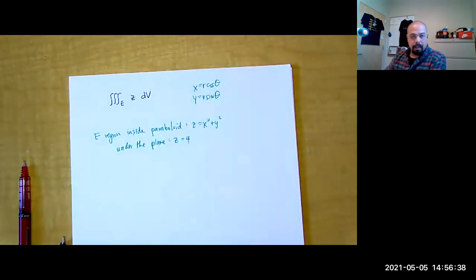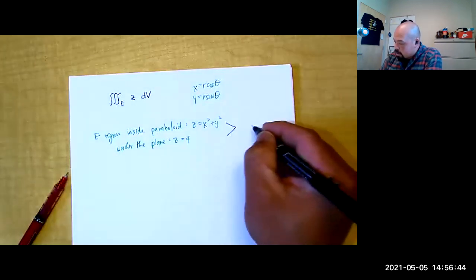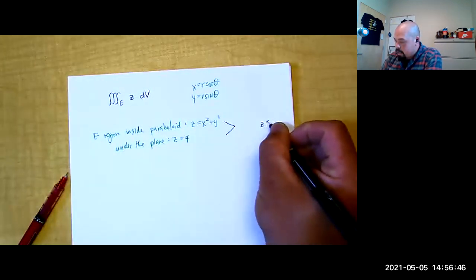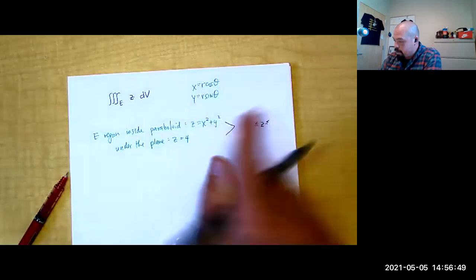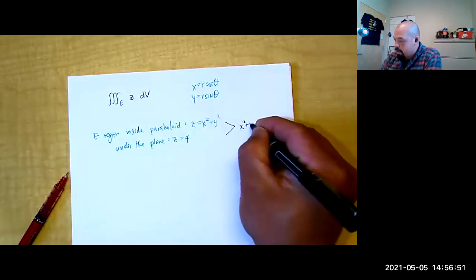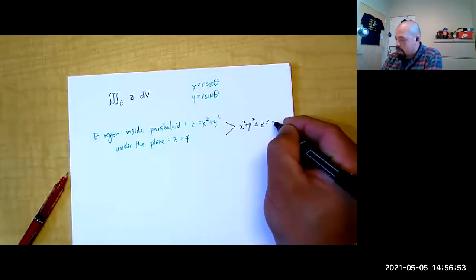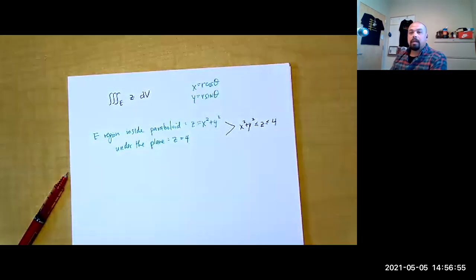So with that already, this is kind of identifying that our z is going to be between x squared plus y squared and that constant 4.